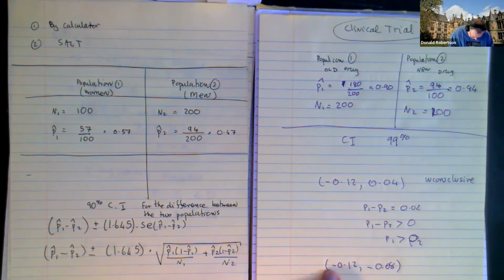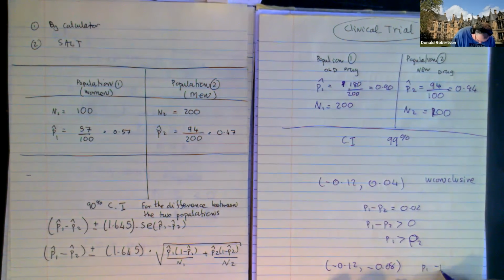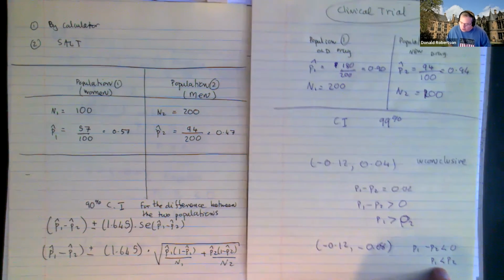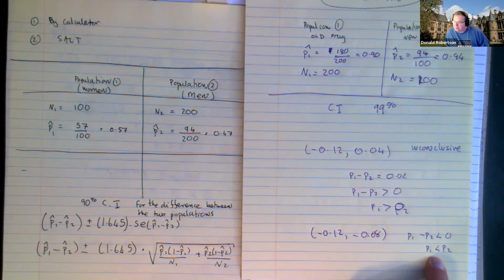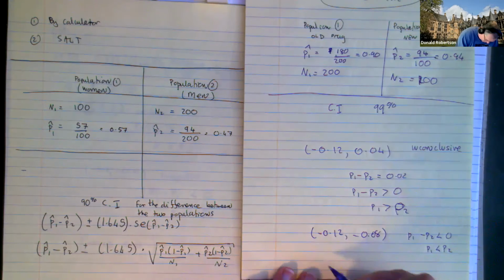If all of them are negative, doesn't that mean that the difference is negative and so P1 is less than P2? Isn't that what we were hoping for in this story? The success rate for the old drug was less than the success rate for the new drug.